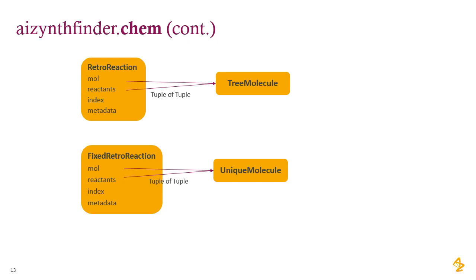Especially if it's template-based, it's ambiguous with regards to the template application. So a template applied on the same molecule can produce different sets of precursors, and that's why we need to have it as a tuple of tuples.